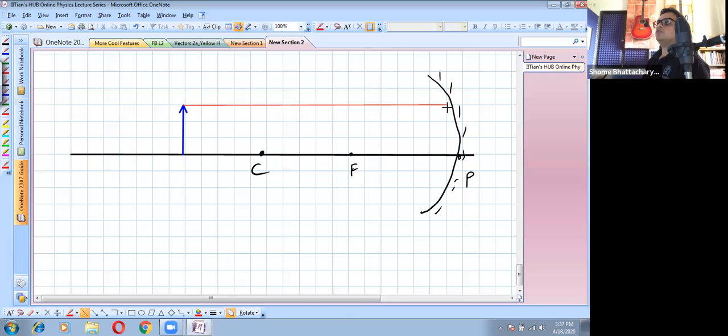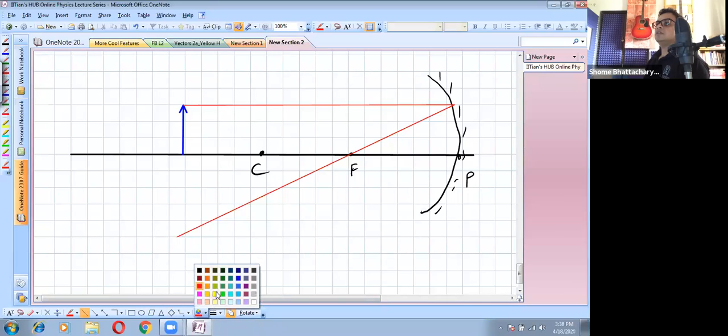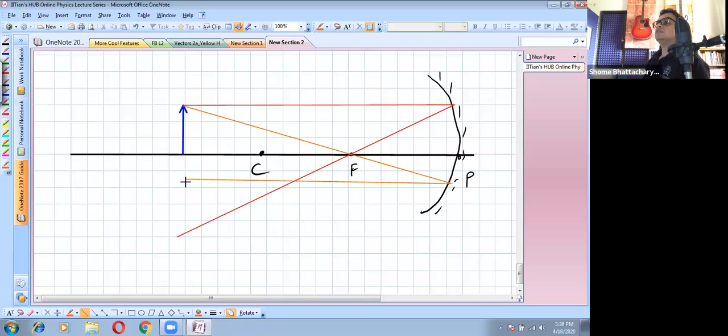So I'll draw two or three of the different types of rays that we talked about. This is one type of ray. Another type of ray is one going through the focal point, after which it becomes parallel to the principal axis.